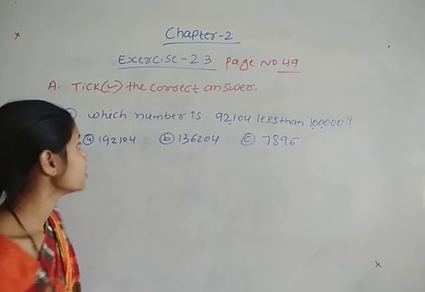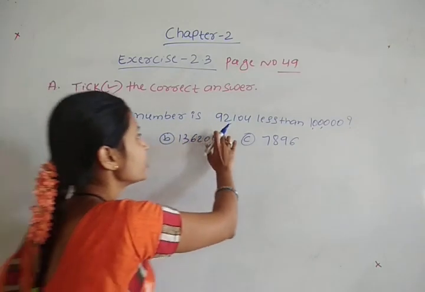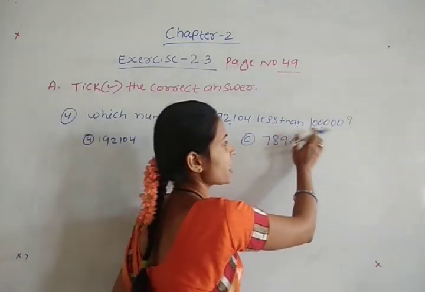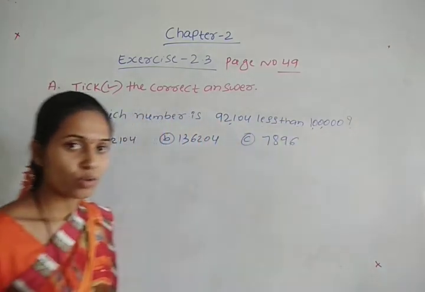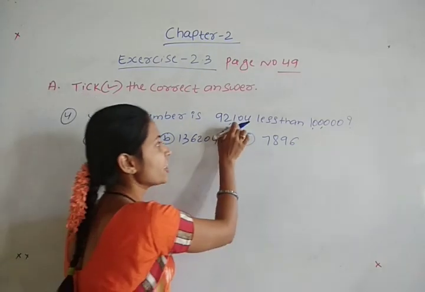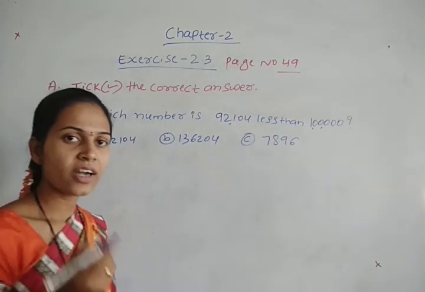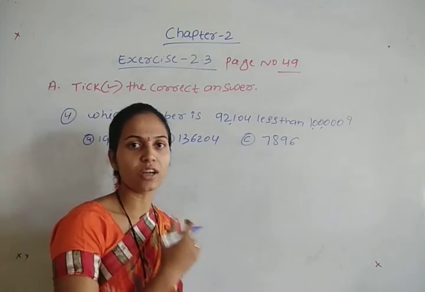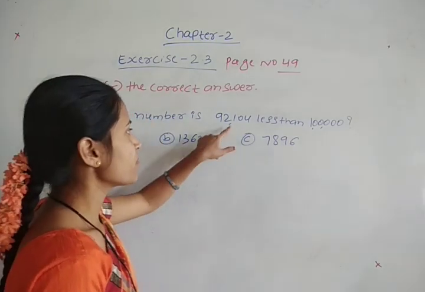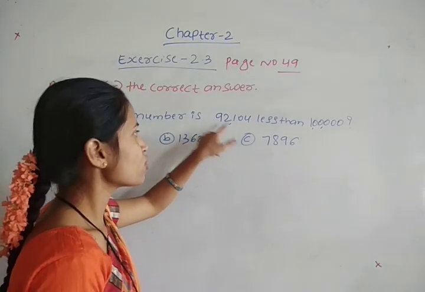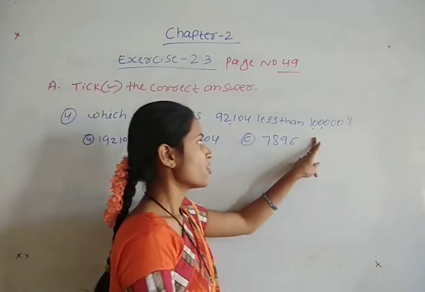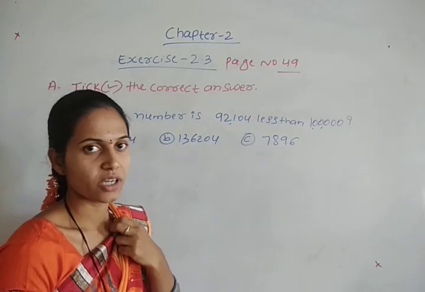In the question, which number is 92,104 less than 1 lakh? I have told you earlier, if between any two numbers you have "less than", then you should subtract the smaller number from the bigger. Now compare these two numbers, 92,104 and 1 lakh. Which one is bigger?